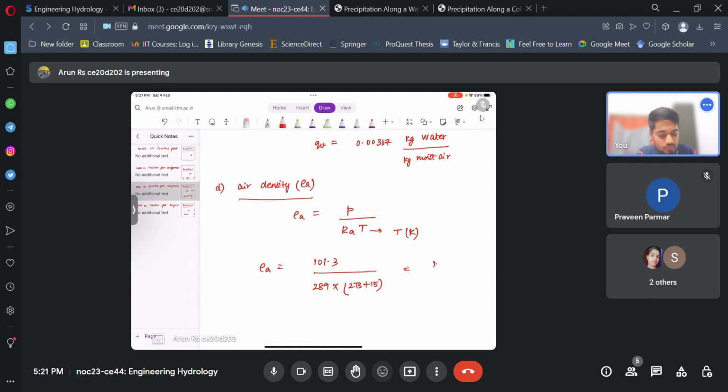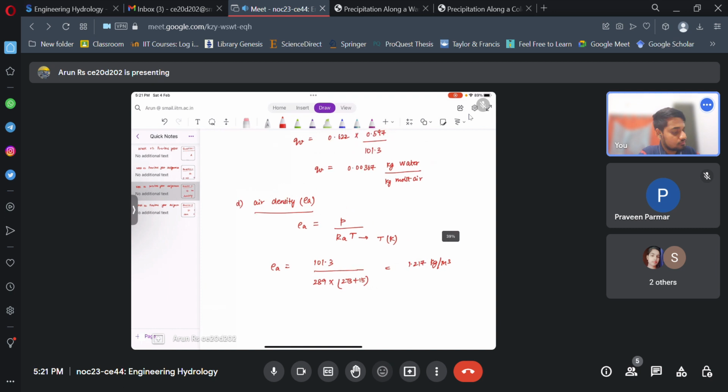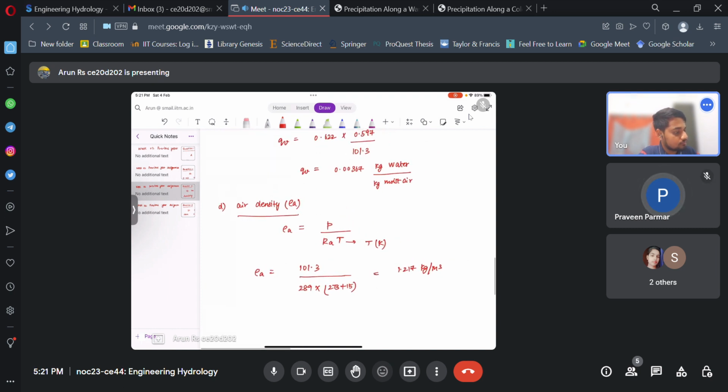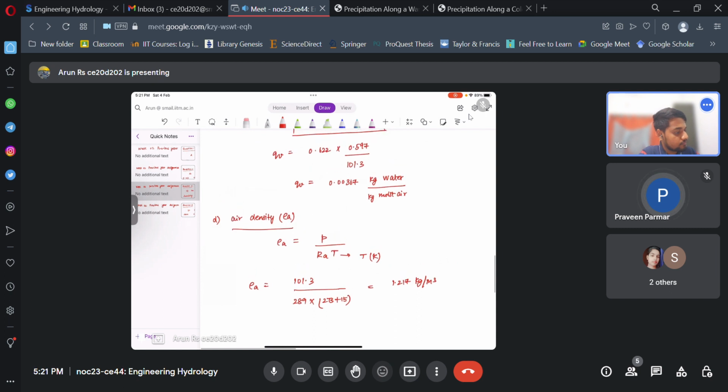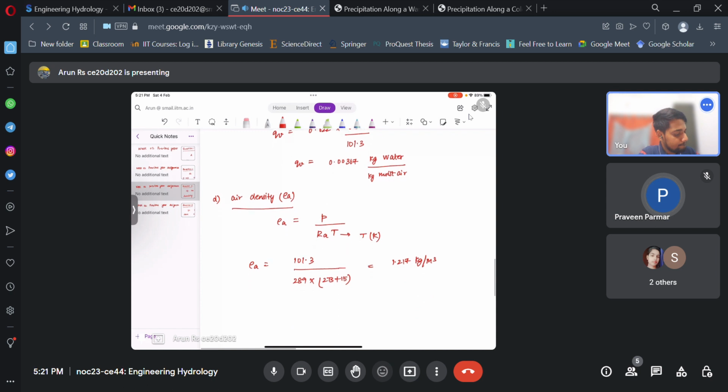So your air density works out to be 1.217 kg per meter cube. Understood? Okay.